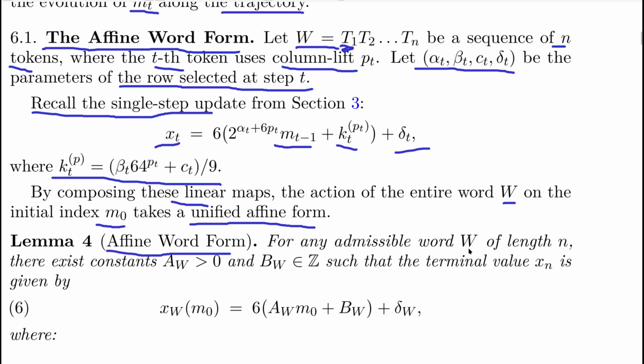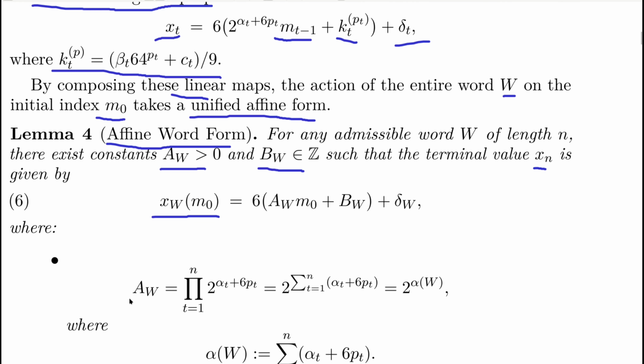For any admissible word W of length n, there exist constants AW greater than 0 and BW, an integer, such that the terminal value xn is given by xW of m0 equals 6 times (AW m0 plus BW) plus delta W, where AW is given by the product of 2 raised to at plus 6 pt.